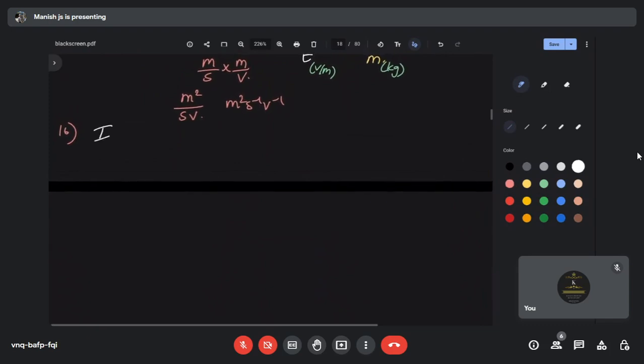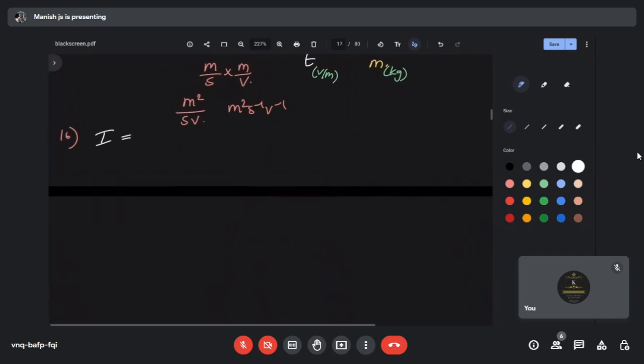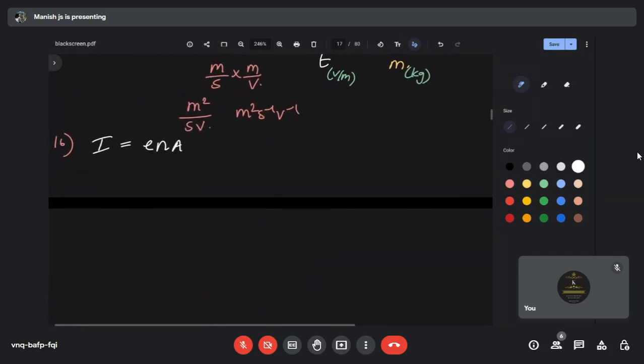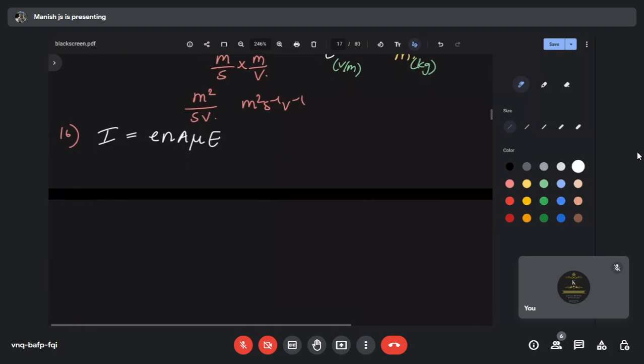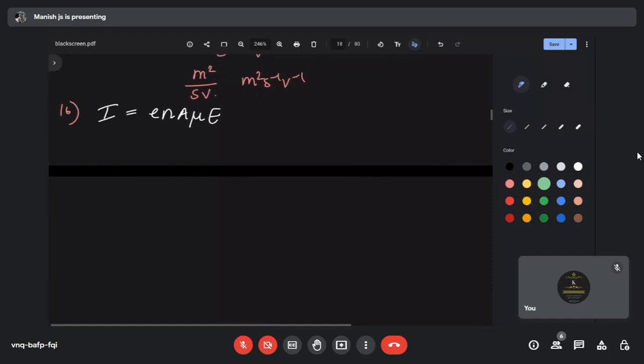We know that current I, in terms of drift velocity, when you substitute, you will get I equal to E N A mu times capital E, where E is the electron charge, N is an integral number, A is the area of cross section, mu is mobility, and E is the electric field.